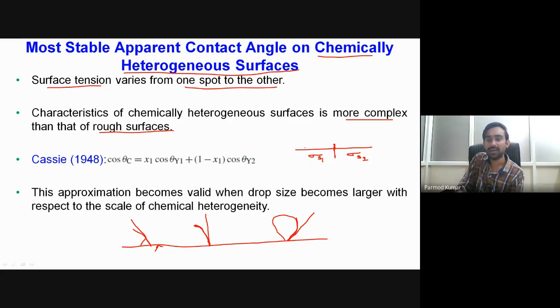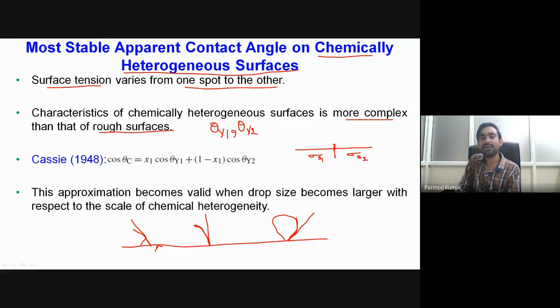Okay, now if we consider that we have a droplet which is entirely resting over only the sigma S1 part, in that case, from Young's equation we will find the value of contact angle as theta Y1. Okay, and now if we consider another situation that the entire droplet is resting on the other part, in that case we will find the value of contact angle as theta Y2.